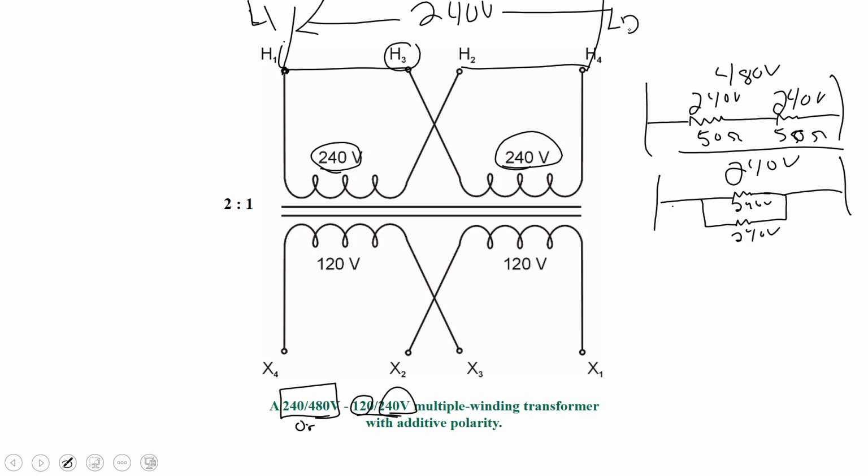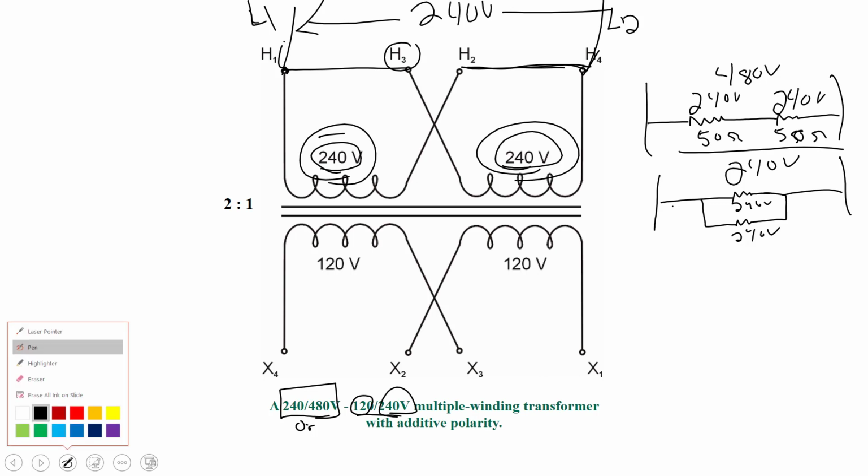Line 2 is attached to H4, and so the end of the second winding, and we jump right over to H2, which is the end of the first winding. So now we have it in parallel. So once again, the rating of each individual winding has not been exceeded. It's for voltage.